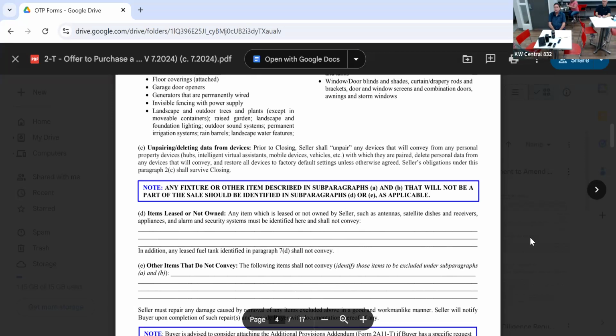So if the seller says, oh yeah, the refrigerator remains, well, is it leased or do they own it? Because if it's leased, we need to know and make sure that it's paid off from the seller's proceeds at time of closing. And then we get into solar panels as well. If they're leased and they're not paid off, who's going to absorb that expense?